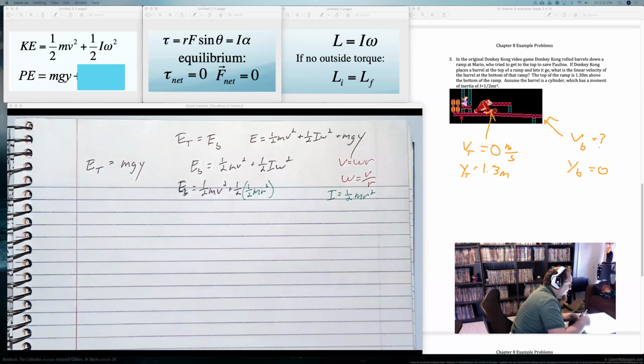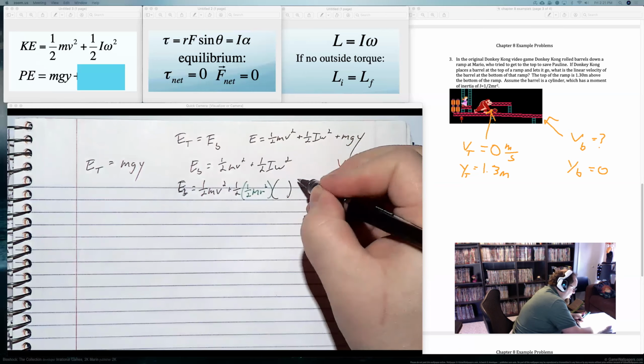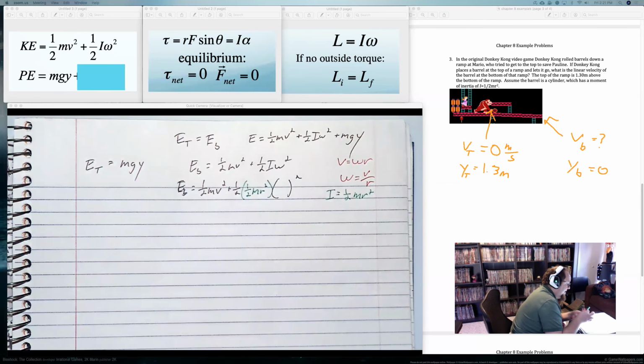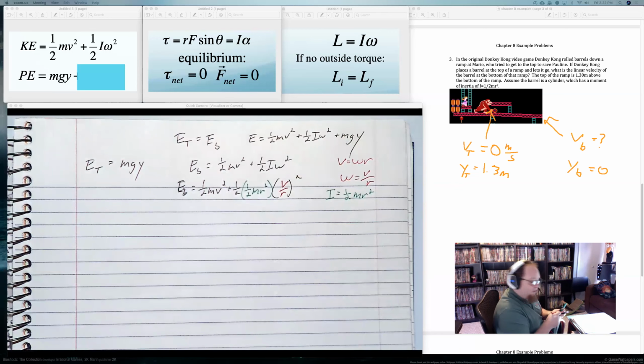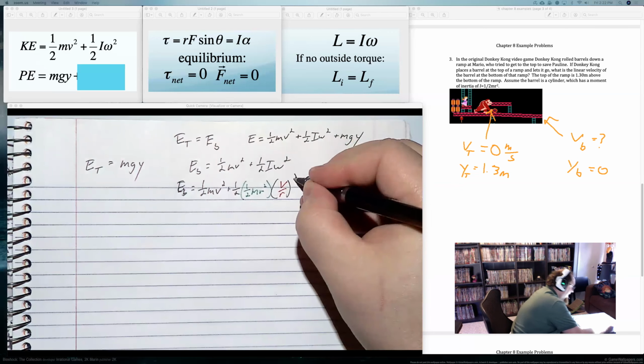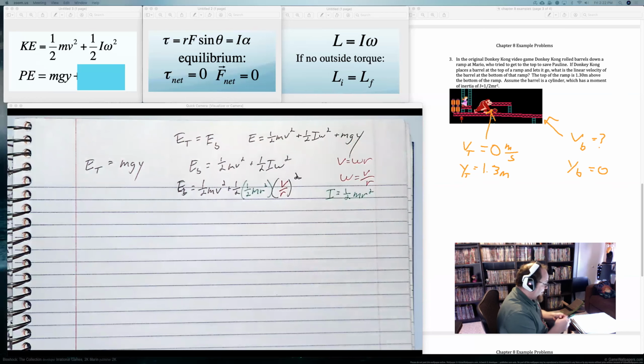And then I have omega squared. But I have an equation for omega. Omega is V over R. And I'll just plug them right in. You see, I can't solve for them. I don't know m, I don't know R. So if I try to use these numerically, I'm not going to get anywhere. I don't have enough terms.